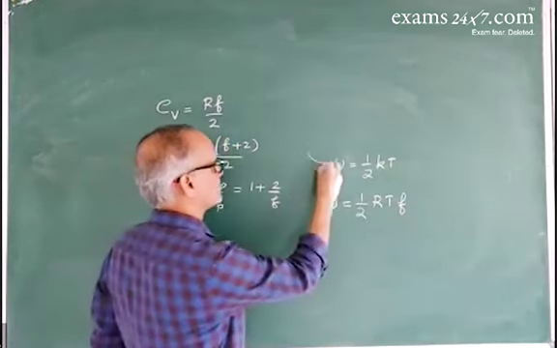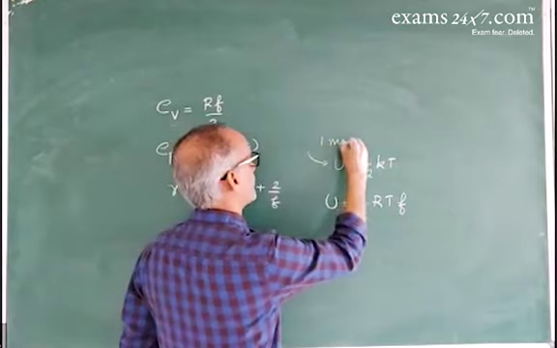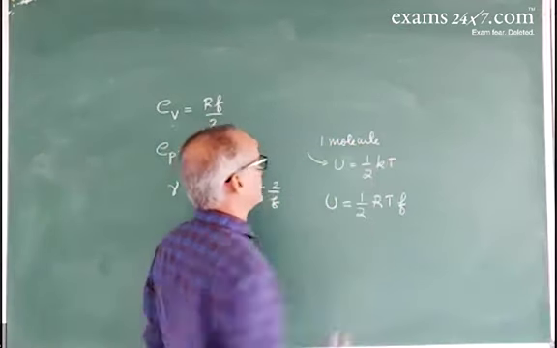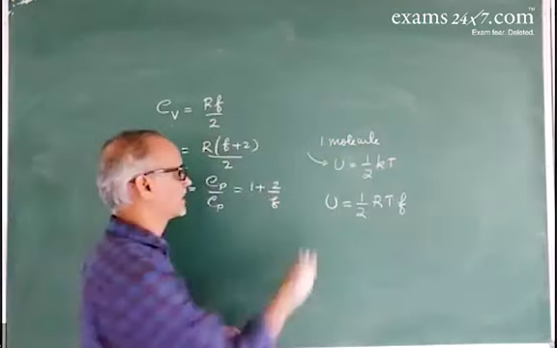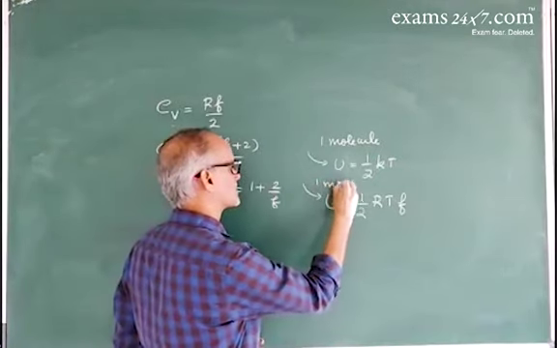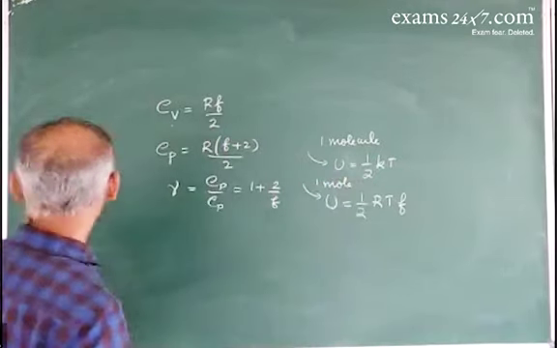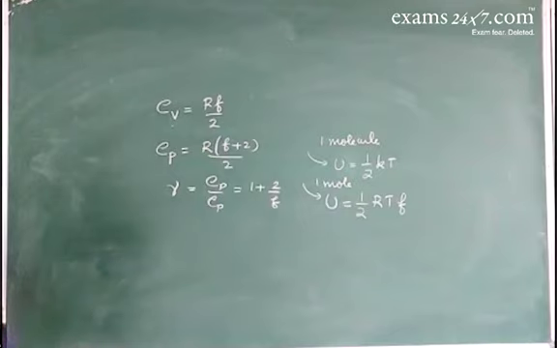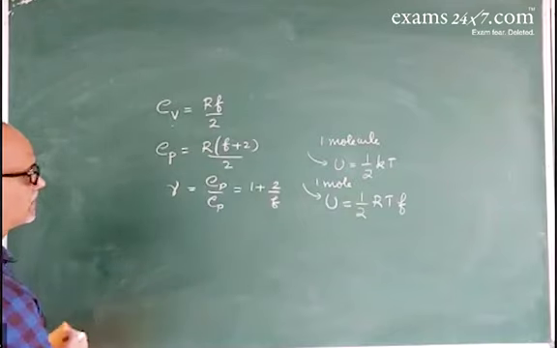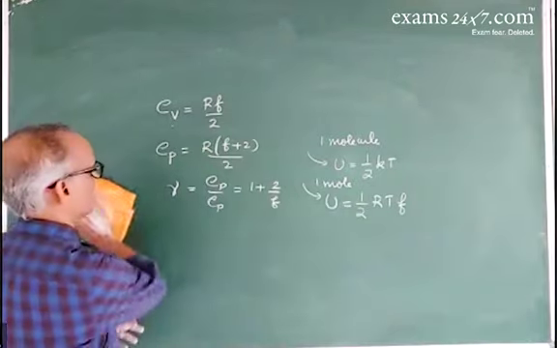So this is for one molecule, the amount of energy utilized for one molecule, and this is for 1 mole of the gas. Right. So that's in chapter kinetic theory of gases.